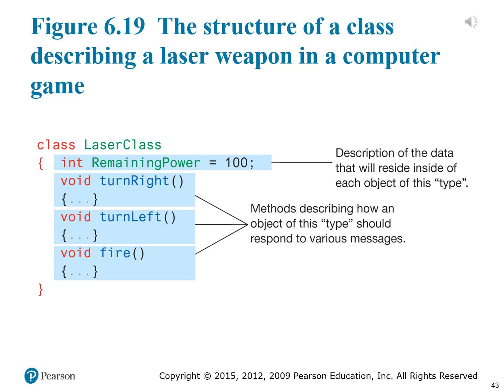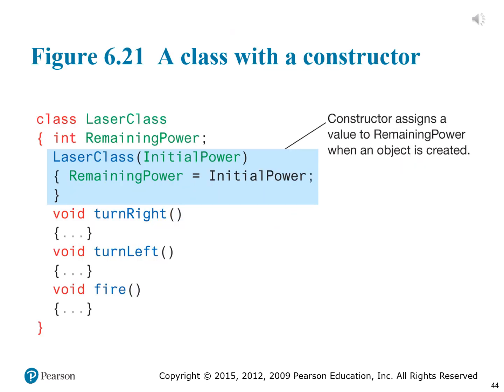Note that in this figure, the instance variable remaining power is described using a declaration statement, and the methods are described in a form reminiscent of functions. Declarations of instance variables and descriptions of methods are basically imperative programming concepts. When an object is constructed, often some customizing activities need to be performed.